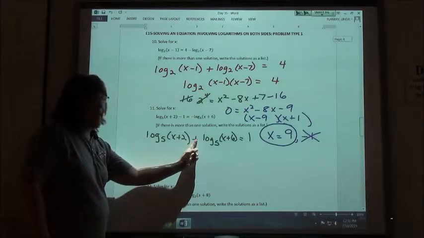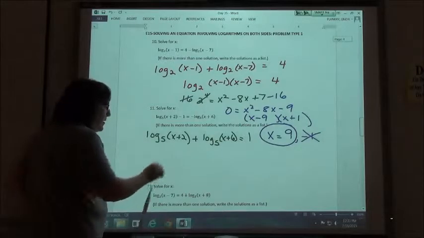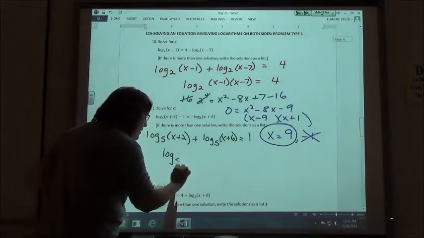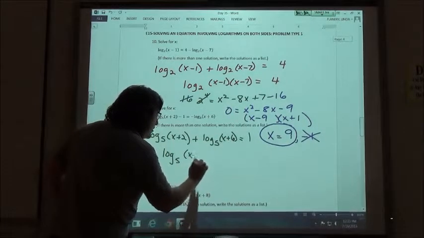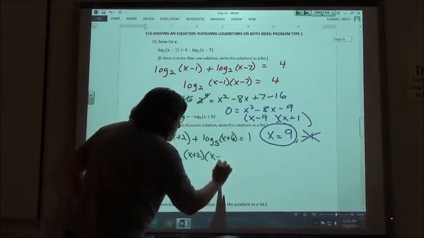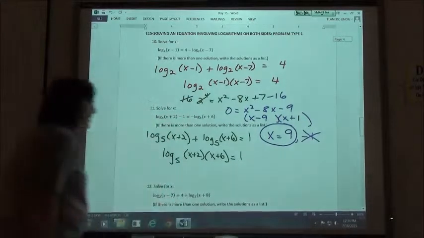So again, I'm adding my logarithms. I'm going to combine them into a single expression by multiplying the x plus 2 times the x plus 6.